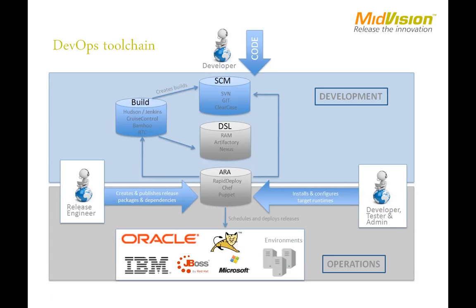So this is using something like Nexus Sonatype or Artifactory or Rational Asset Manager, and this is where we're storing our derived objects. So our build system is going to take our configuration out of source control, create a package, and then put that into a DSL. And then our deployment tool can pick it up from the DSL and push that out to the target.